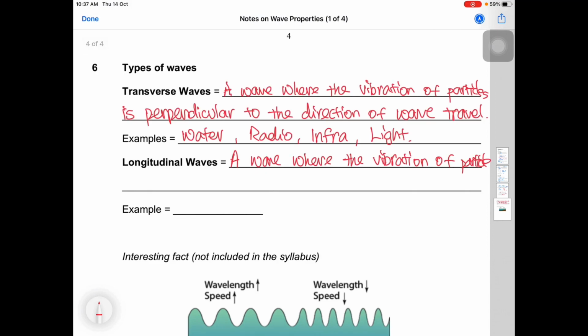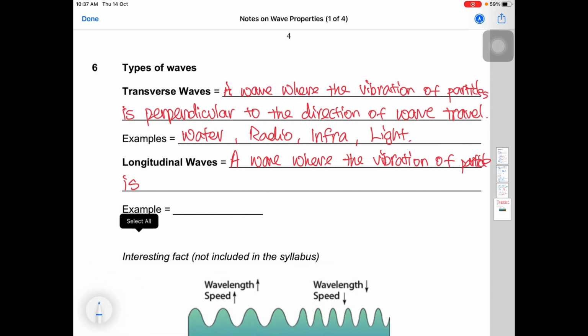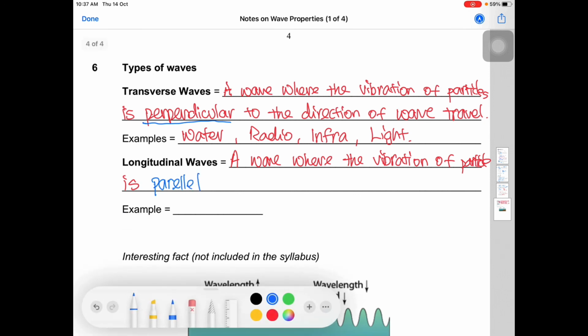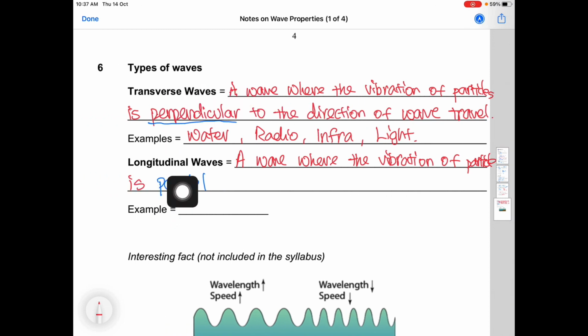This is where it differs: the word perpendicular, you have to change to parallel. That's the only difference in both definitions. One is perpendicular, transverse. The other is parallel to the direction of wave travel.